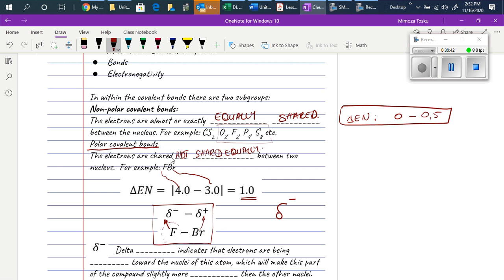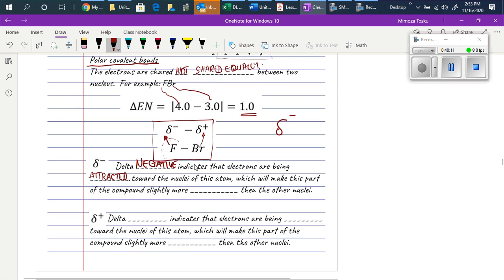So when we have delta negative, it means that the electrons are more attracted toward the nucleus of this atom, making it slightly more negative than the other nucleus.